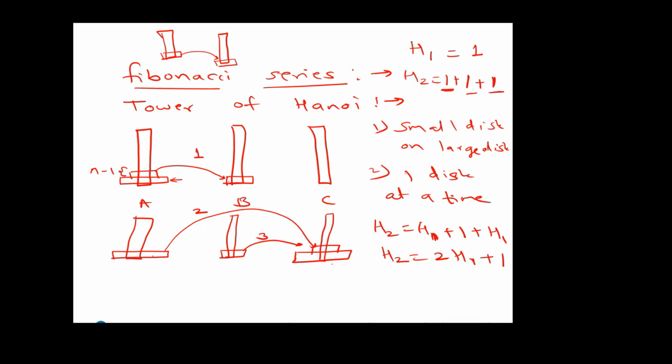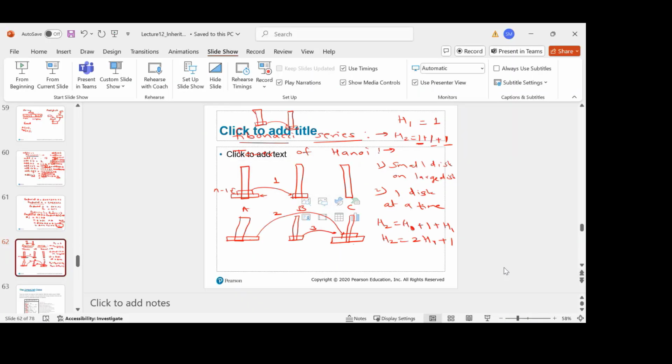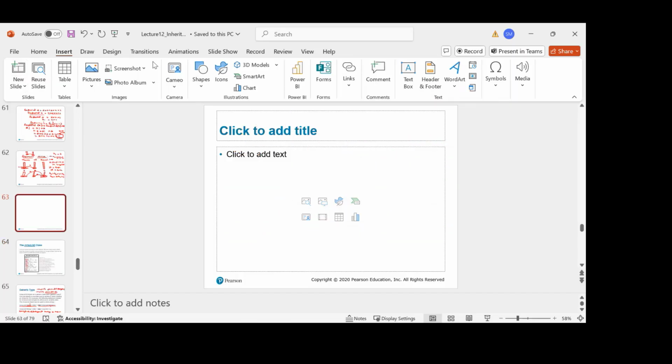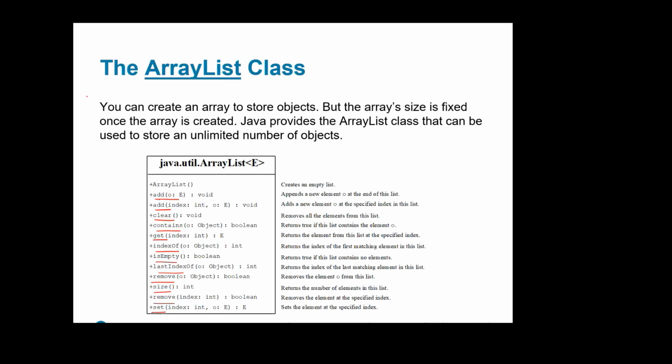So let's say it's not that easy to see, so look at a very small example. Let's now consider we have 3 disks. How many moves are needed, do you think?